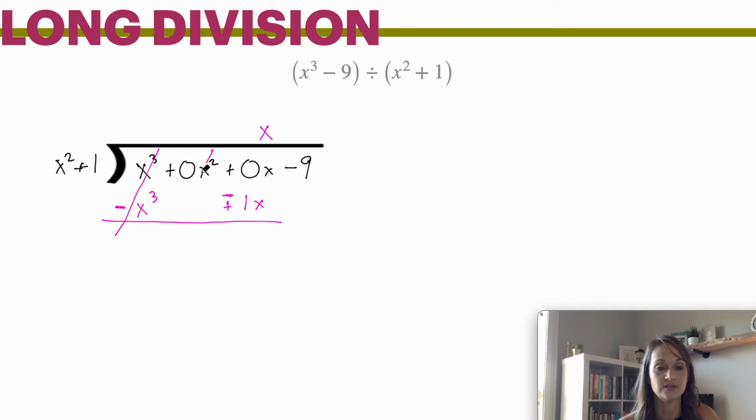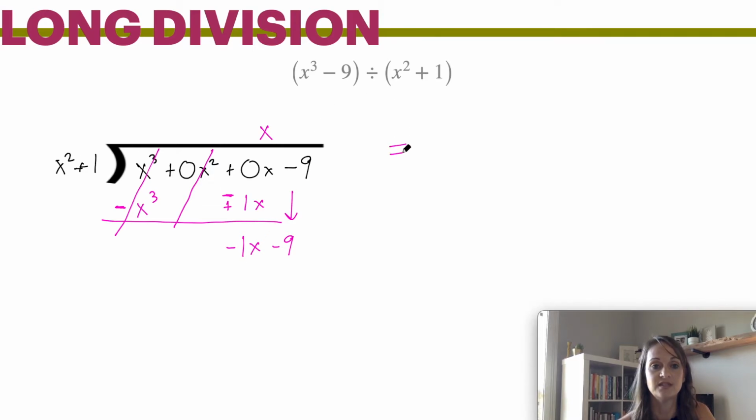0x squared is still just 0. And then 0 minus 1x is a negative 1x. And now I'm going to bring down my minus 9. Now, at this point, you would want to say, how many times does x squared go into x? Well, it can't. You can never have a higher exponent go into a lower exponent, which means you're done.